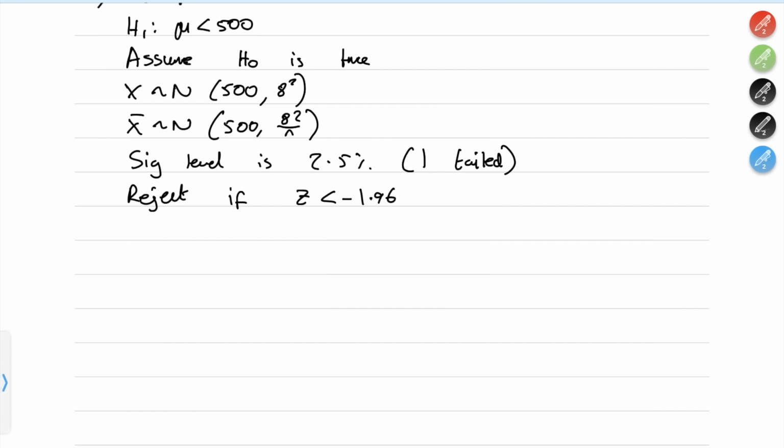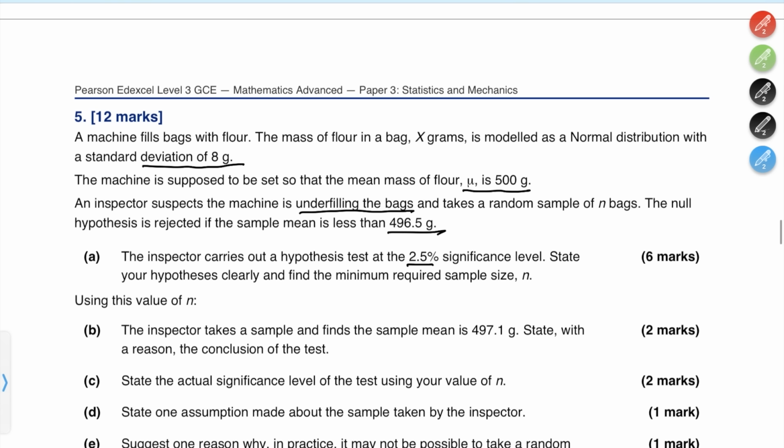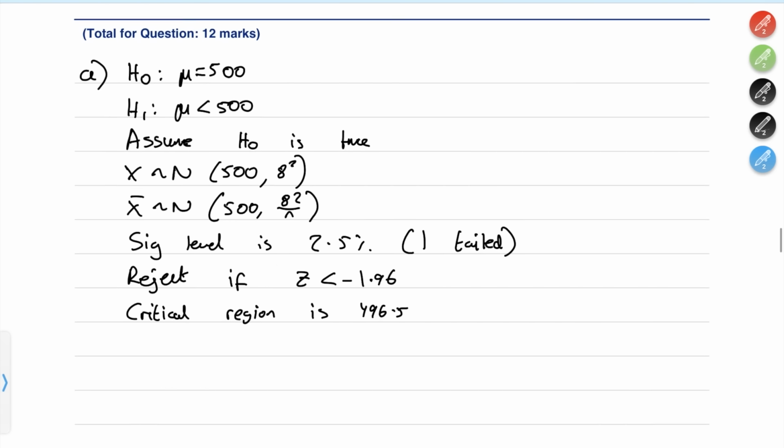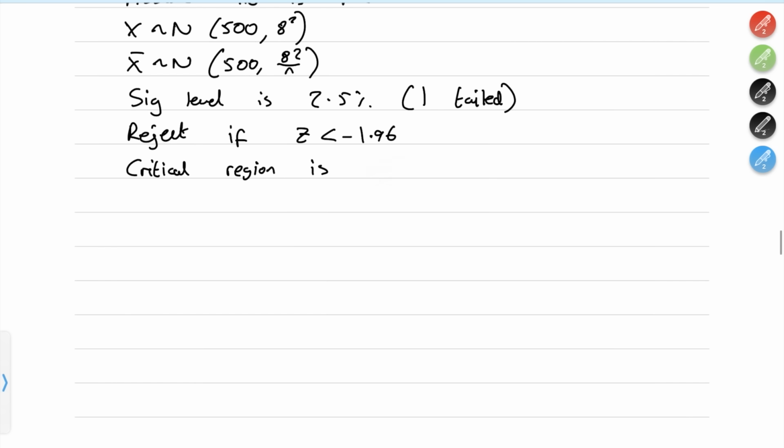And we know that our critical region is 496.5, because it says here the critical region is if it's less than 496.5. So I should rewrite this as x bar less than 496.5. So if we standardize this now, we want this to be less than minus 1.96 because we're trying to reject. So let's sub in our values now.